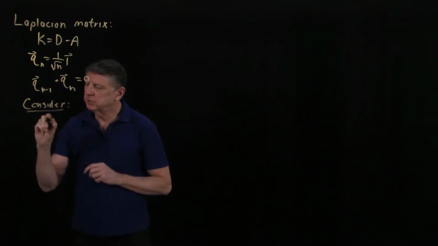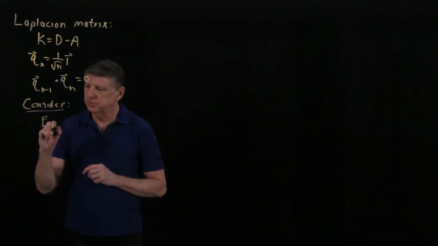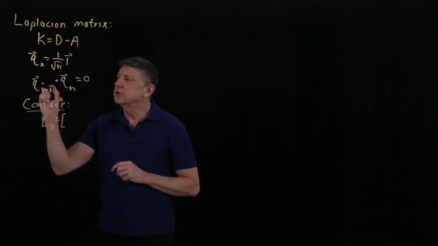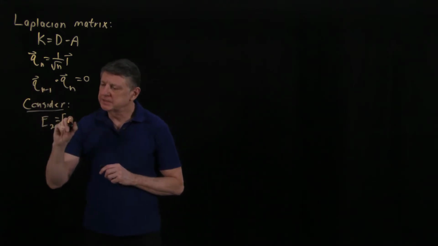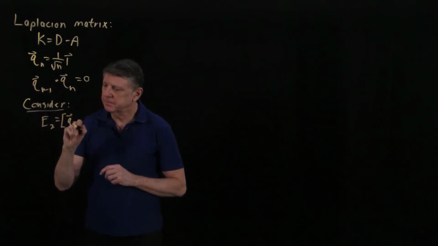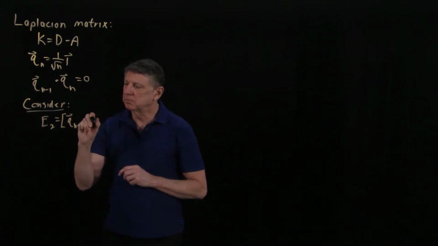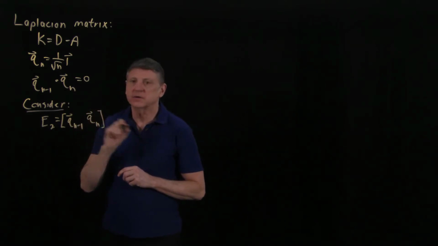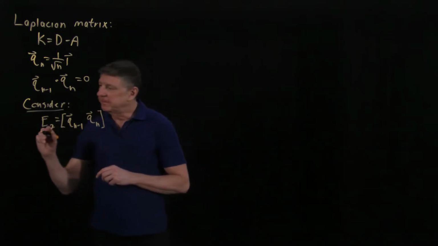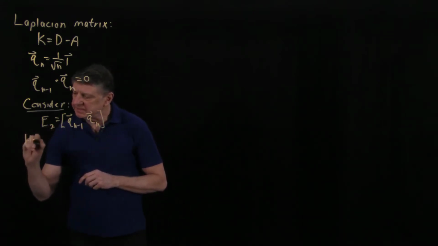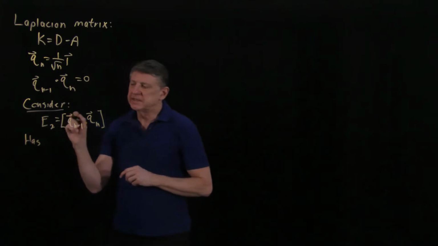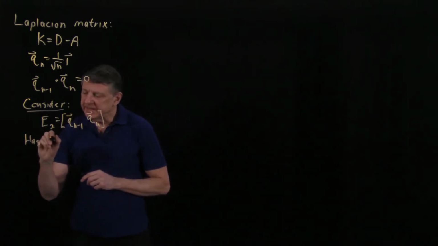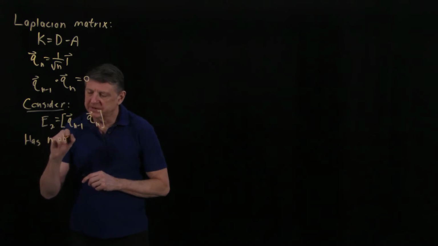Let's form a matrix, and we'll call it matrix 2. And let's suppose that its first column is the Fiedler vector, and its second column is that multiple of the ones vector. So this is an n by 2 matrix, and that means it has n observations.